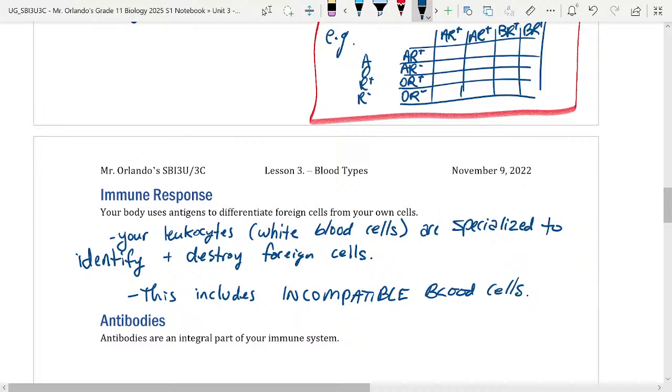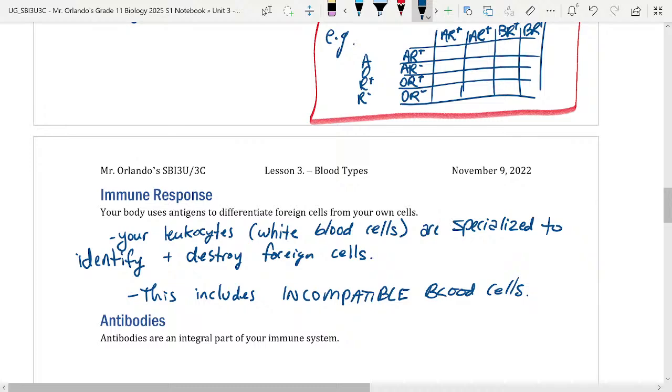So the trick is, of course, what's the only way that your body can identify foreign cells? It needs to be on the lookout for foreign. What part of the cell? The little spiky flaggy bits, which are called antigens. Enter antibodies. Now, do I like that antigens and antibodies both start with the word anti?